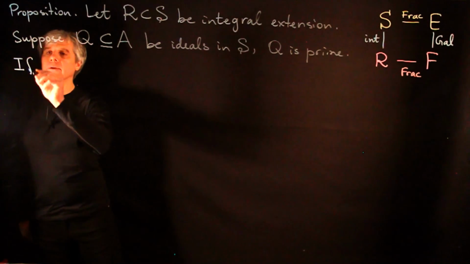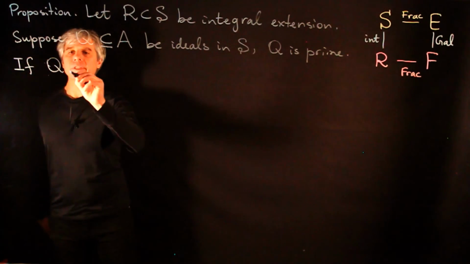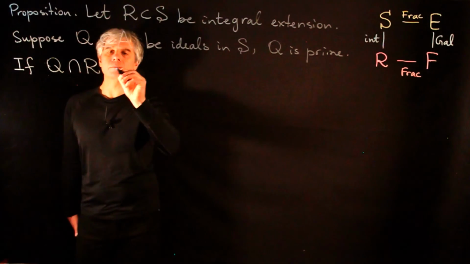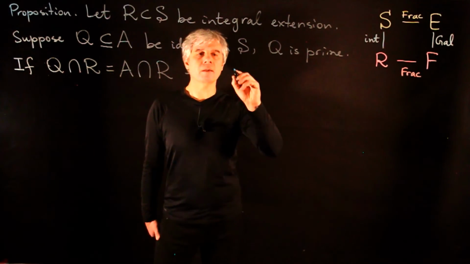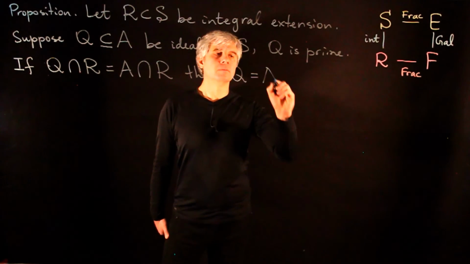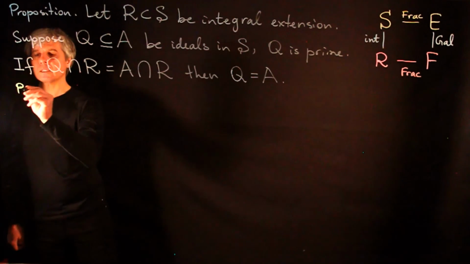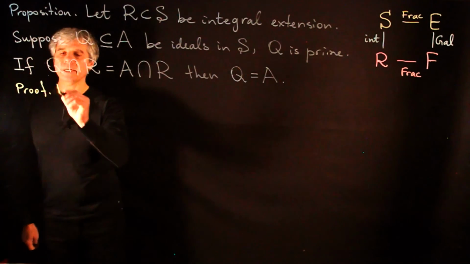If these two ideals have the same intersection with R, then they're equal. We prove this by contradiction.